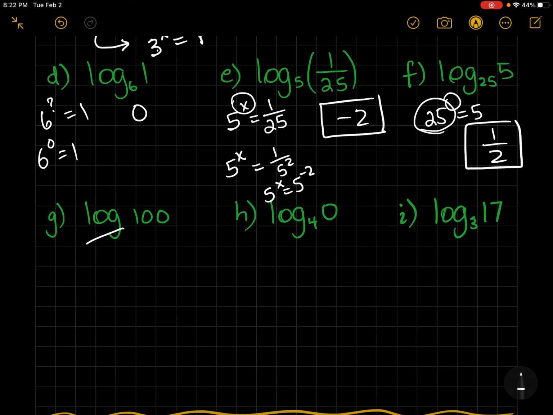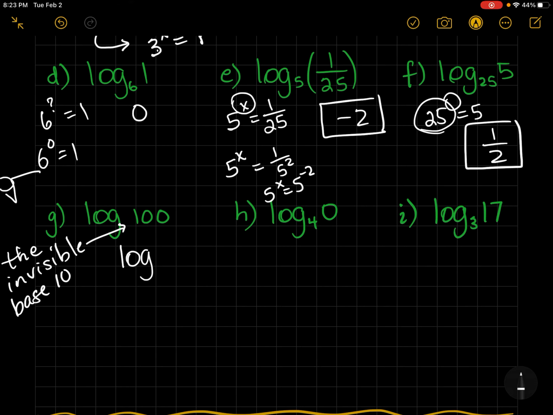It appears that we have no base. Just like when you have radicals and there's no index written, there's an assumed number there. So when it's missing, or I'll say the invisible base, is 10. Our number system is base 10.